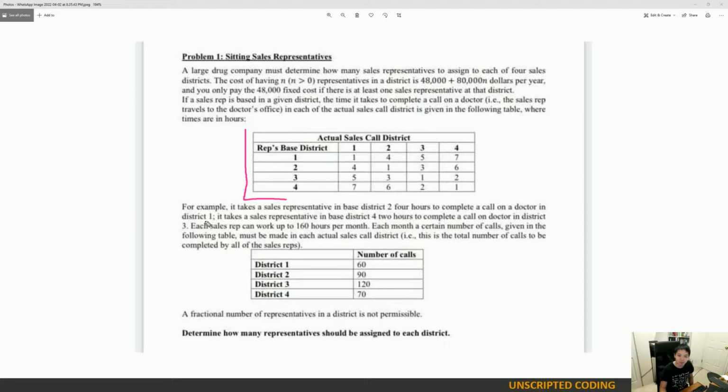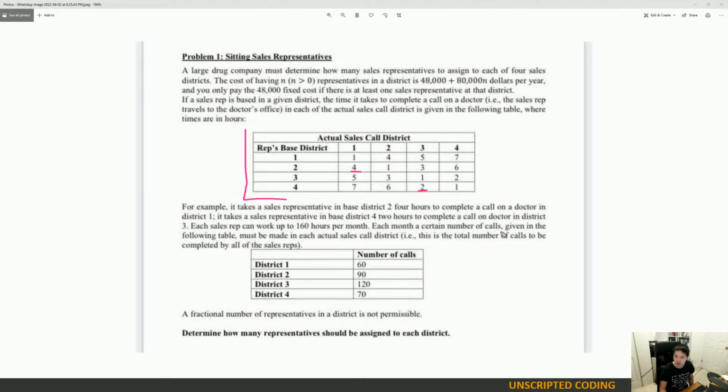This table right here. For example, it takes a sales representative based in district 2 4 hours to complete a call on a doctor in district 1. It takes a sales representative based in district 4 2 hours to complete a call on a doctor in district 3. Each sales rep can work up to 160 hours per month.